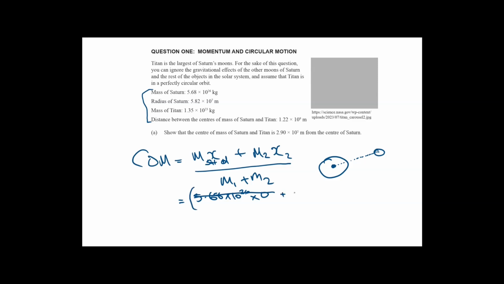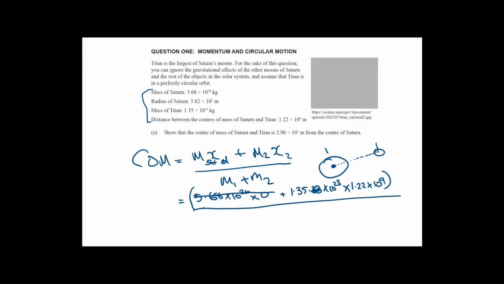But the mass 2, the mass of Titan, is 1.35, not 0.23, times 10 to the 23 kilograms, and that's going to be multiplied by this distance here, which is 1.22 times 10 to the 9 meters.